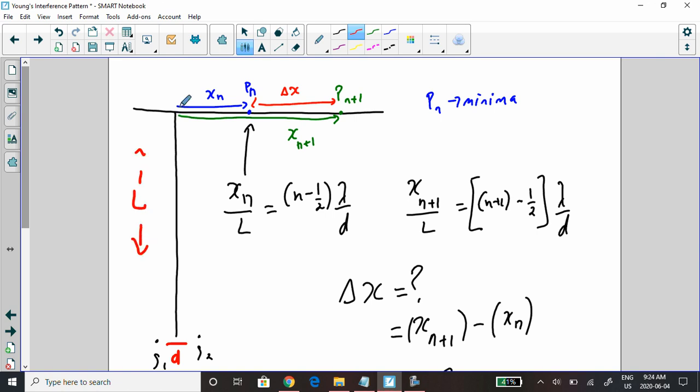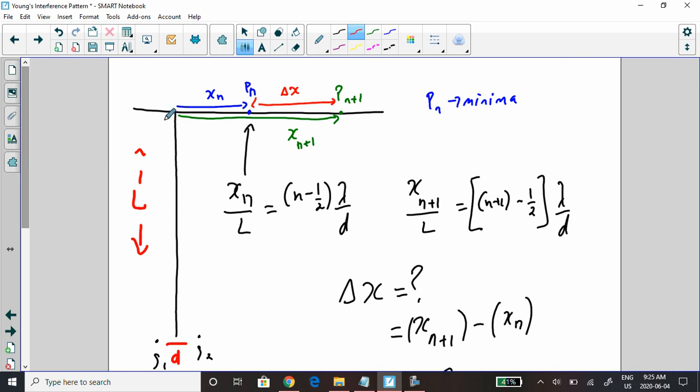And at a certain distance, xn, there is a point Pn, which is a point on any minima. Over here, see, the green distance, not the blue distance. The blue distance tells you how far you have to go from the right bisector to get to point Pn on any minima.